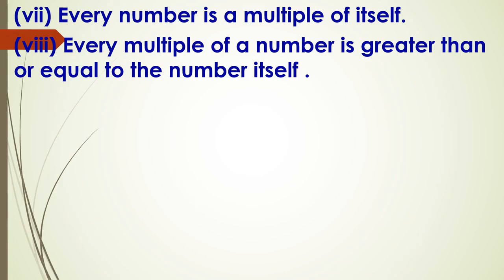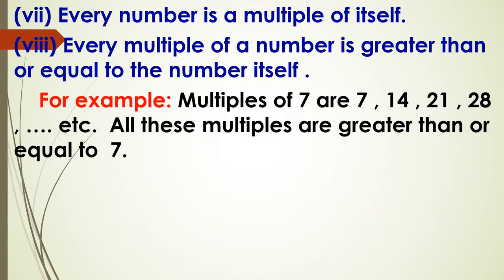For example, multiples of 7 are 7 number itself, and see now all the numbers are greater than 7. 14, 21, 28, etc. All these multiples are greater than or equal to 7. I am repeating. Factors of a number are the number itself or less than that number, but multiples of a number are greater than or equal to that number.